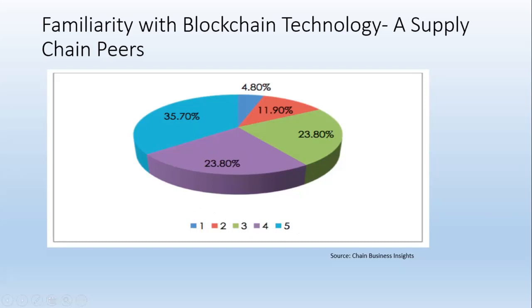The survey was conducted among multiple supply chain peers, and the majority, 35% of them, answered that they are already using blockchain. The remaining percentages, according to their ranking, are shown here. Let me move on to the next slide.